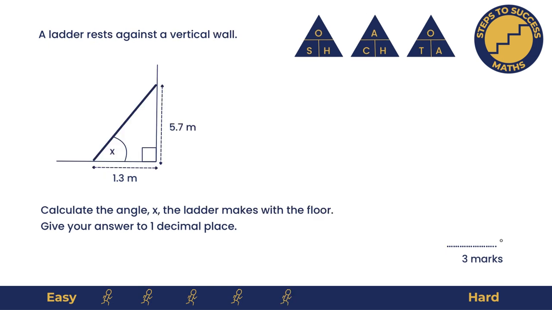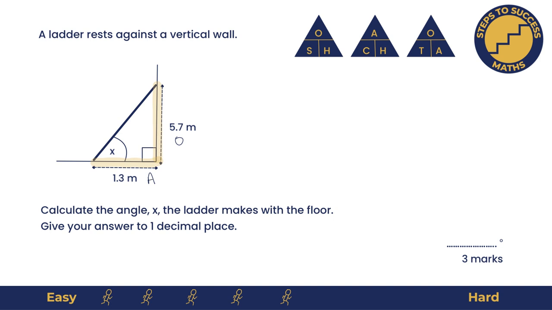A ladder rests against a vertical wall. Calculate the angle X the ladder makes with the floor. Give your answer to one decimal place. Okay, so it talks about a ladder, but you can see it's just a right-angled triangle. You've got two lengths. You've got the opposite, because it's opposite the angle, and the adjacent, because it's next to the angle.